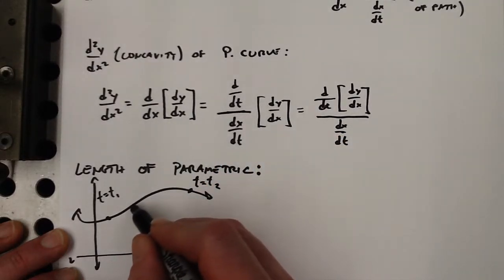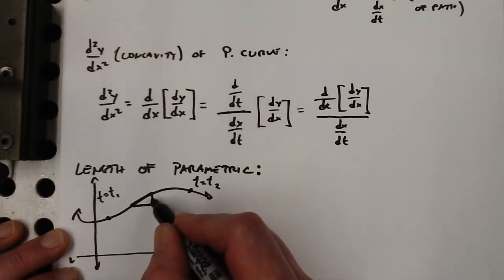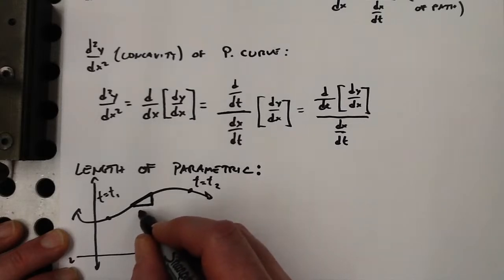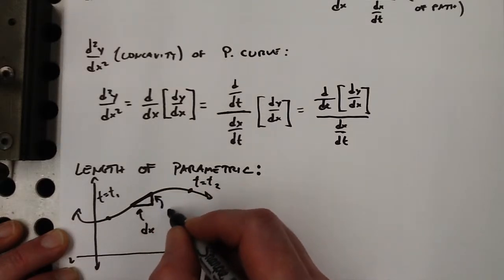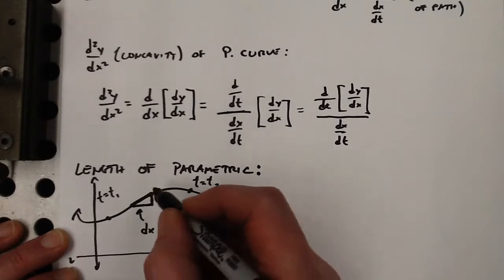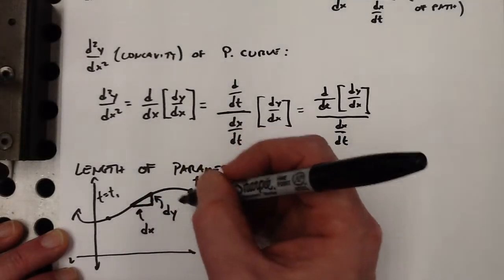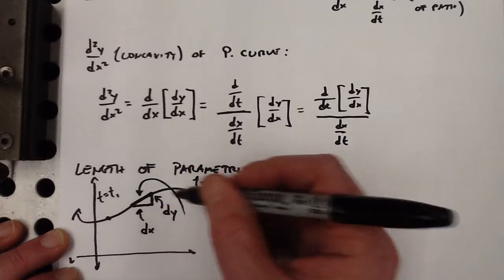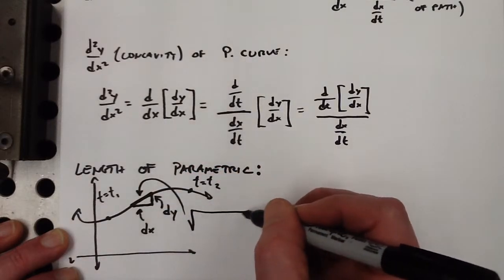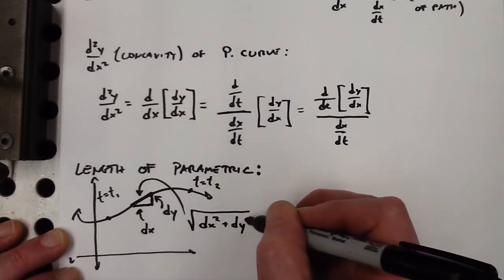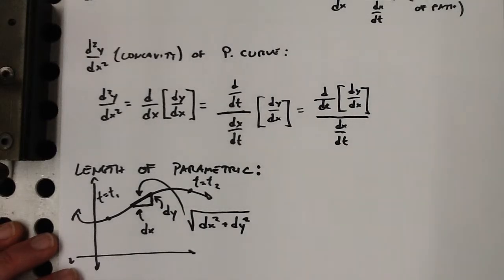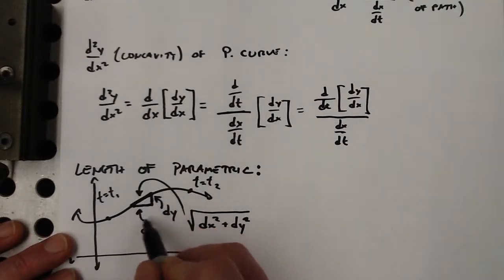And if I took a little piece of it here, and I pretend that this piece is infinitesimally small, then this is like a dx, and this is like a dy. And then that means that this, the hypotenuse, right here, is just the Pythagorized square root of dx squared plus dy squared. And that'd be that length for this little tiny bit.